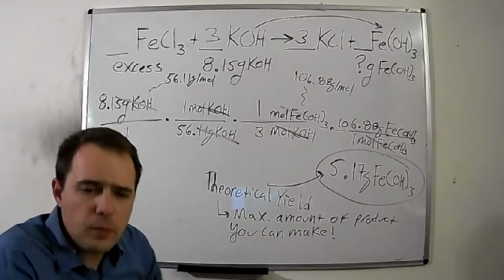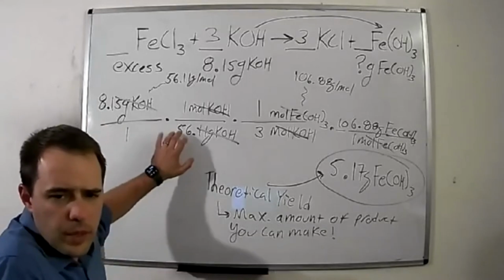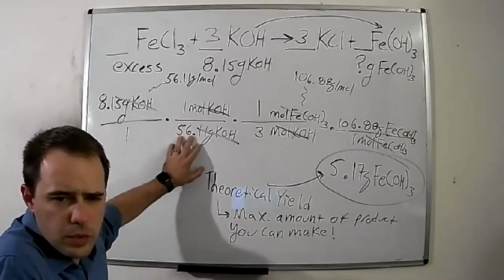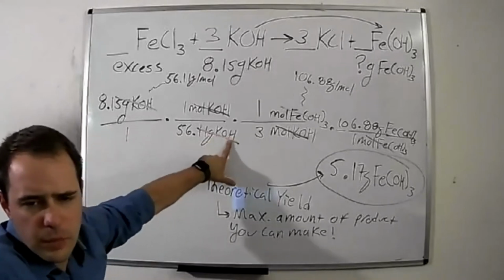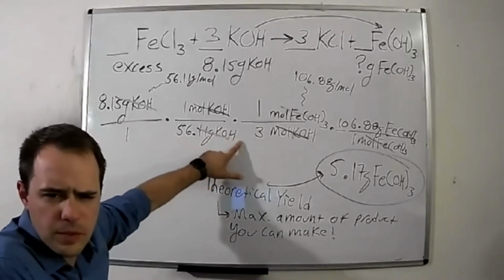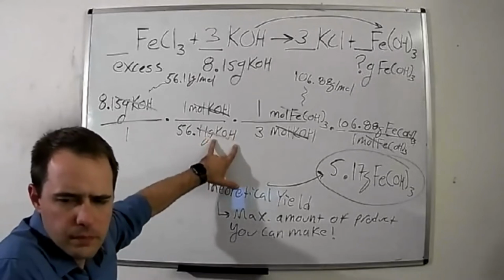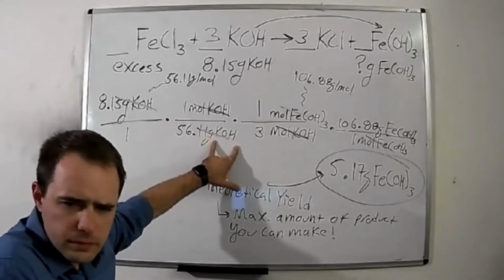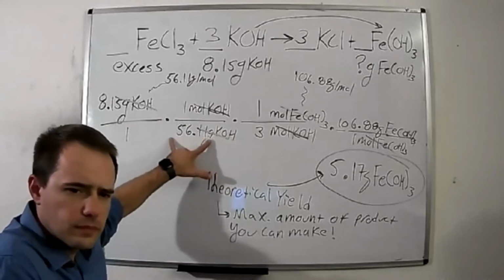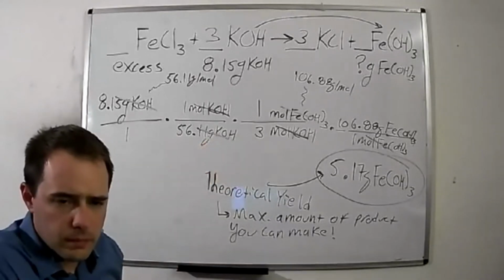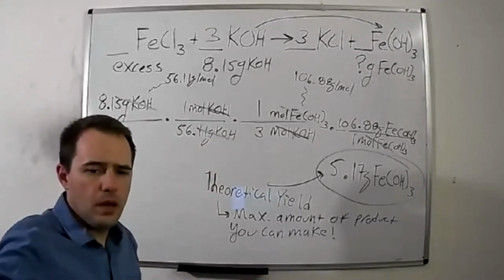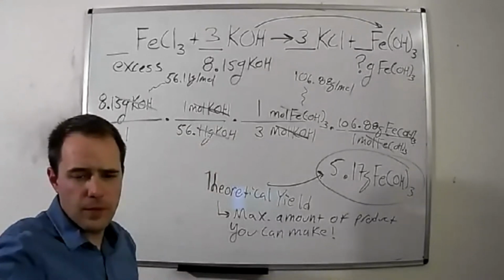Hang on, Ethan. What do you think the issue is? So here it's potassium plus oxygen plus hydrogen on the periodic table, the average atomic mass. Do you see how to get them? Where to get the numbers from? Oh, so those come off of the periodic table.